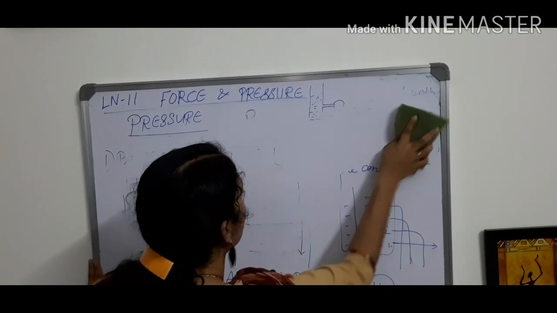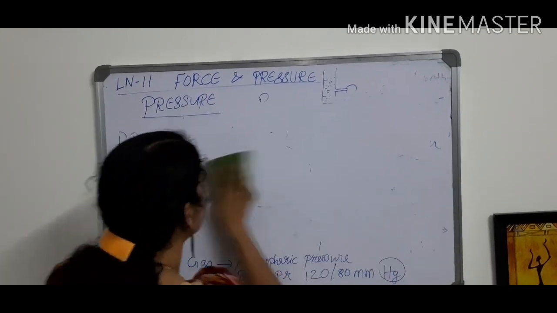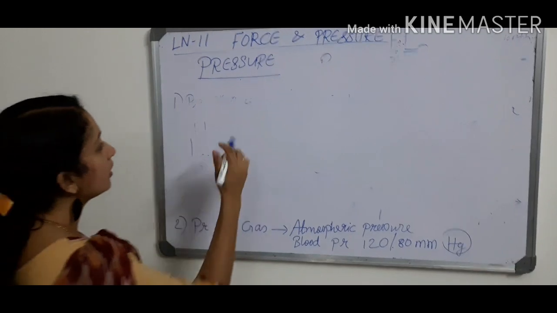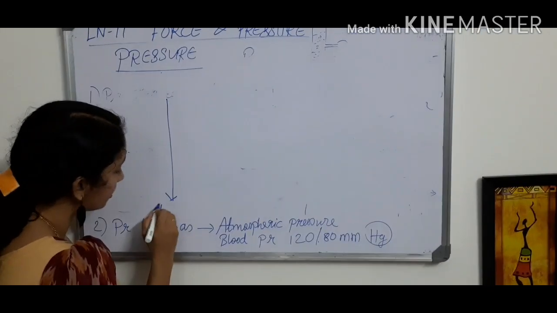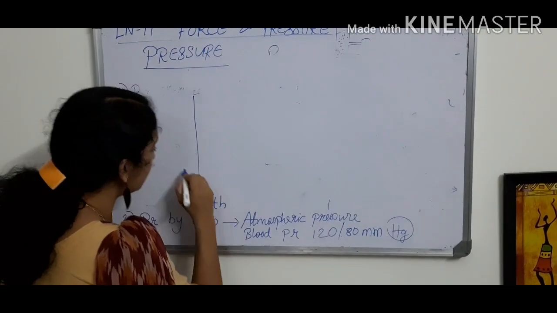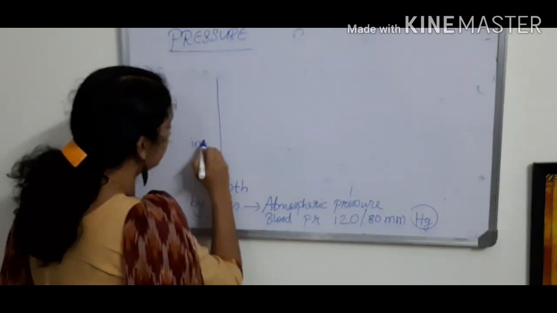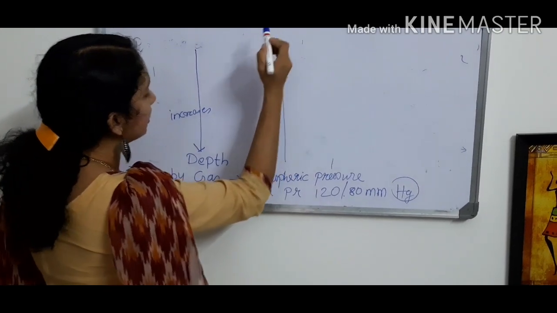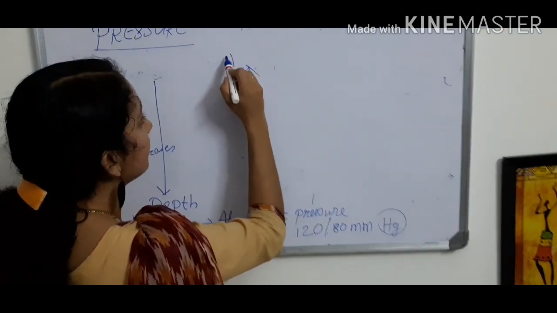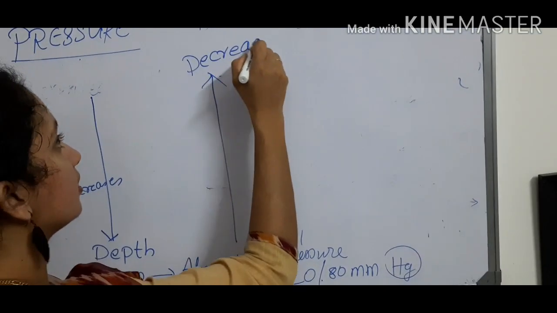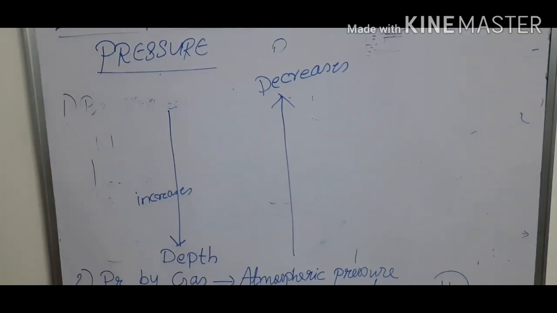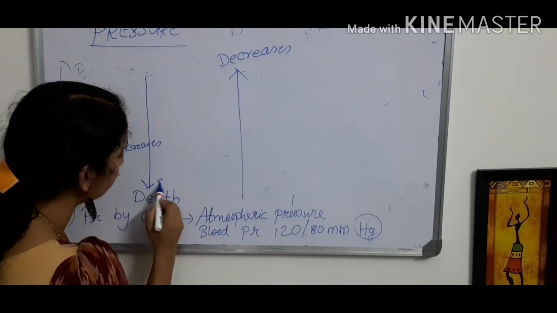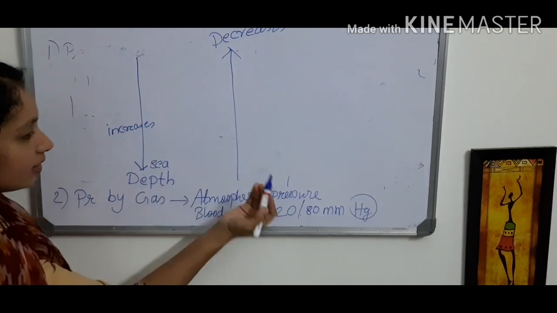So here atmospheric pressure is also a type of pressure, right? So that is also increasing towards depth. This increases towards depth, and it decreases towards the top part. So for example, depth means you can remember here, you can just compare this.